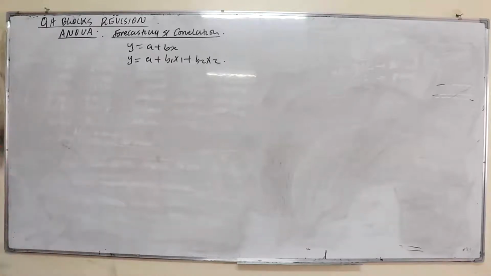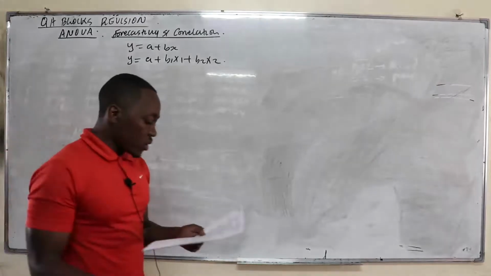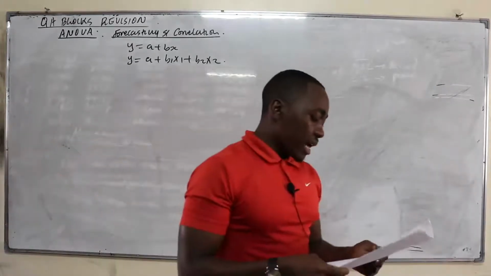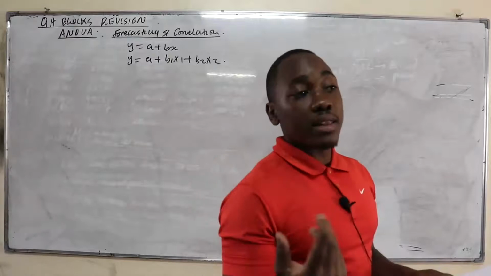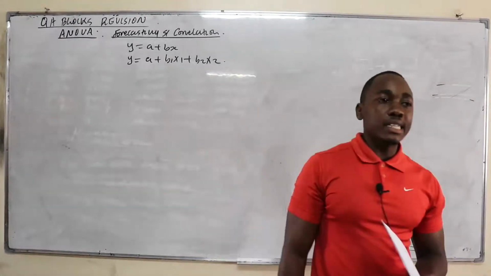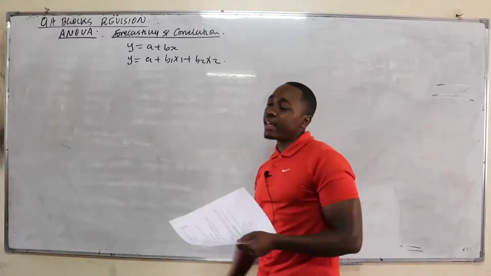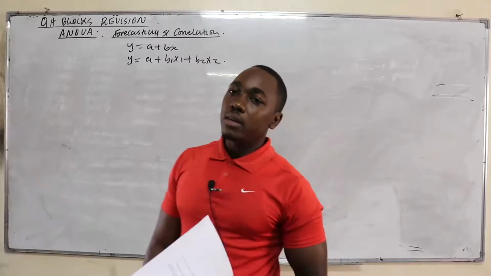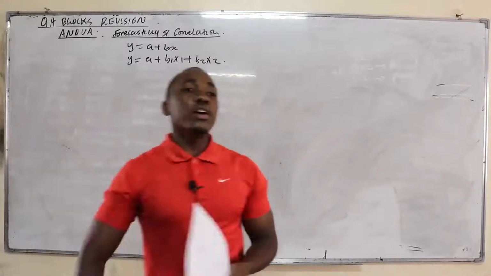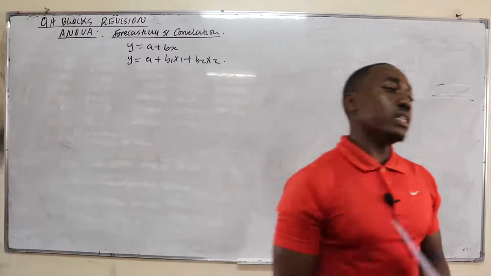But when it's not making economic sense, we say that it's spurious. Then we have the goodness of fit: how well can it fit? And then the assumptions. We want to look at the assumptions of linear regression, which are linearity, independence of the dependent variable, normality, zero mean, homoscedasticity, all that.